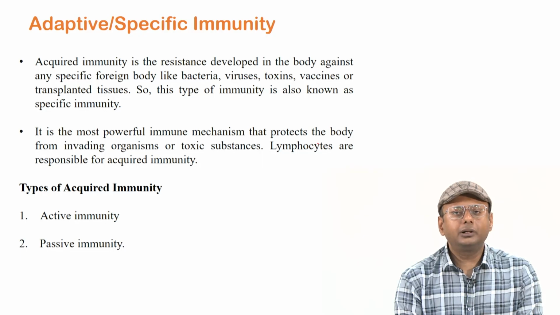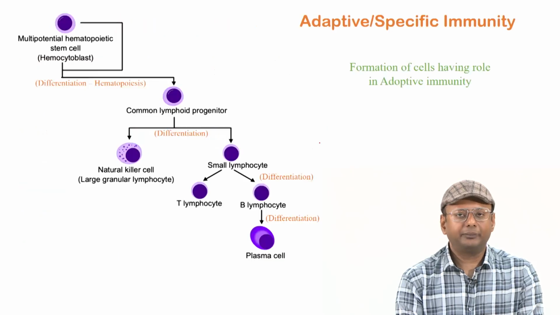And as we already said, in terms of adaptive or specific immunity, there is acquired immunity, and these T cells and B cells, mostly the lymphocytes, are part of this acquired or adaptive immunity. Either it can be active or it can be passive type.